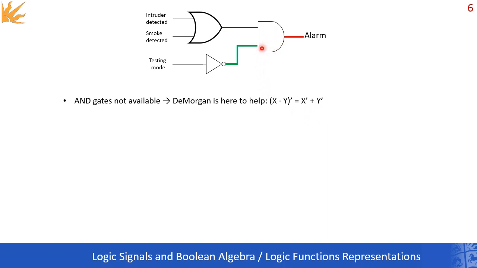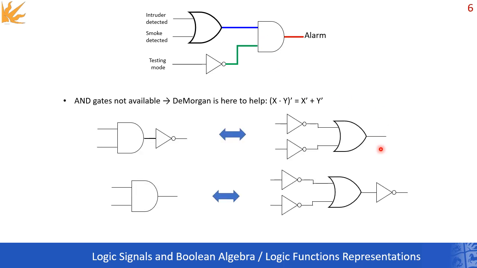Now think about the AND gate you got here. Again, by applying De Morgan's rules, if you negate an AND, essentially you got an OR gate with negated inputs.